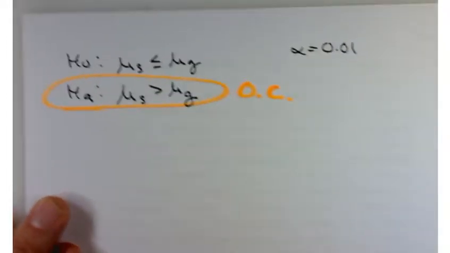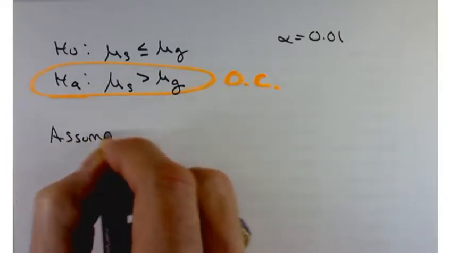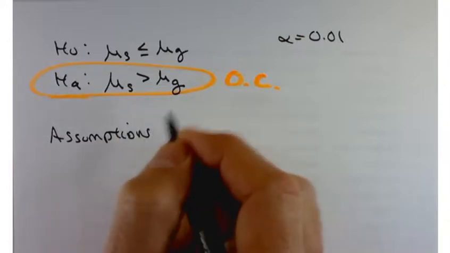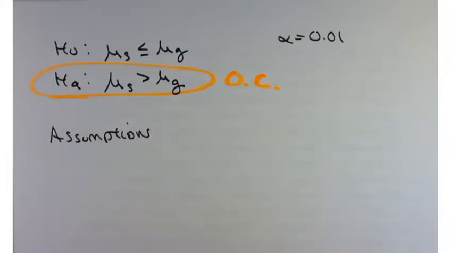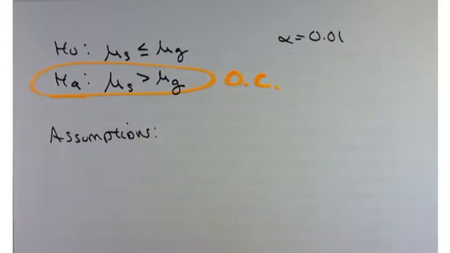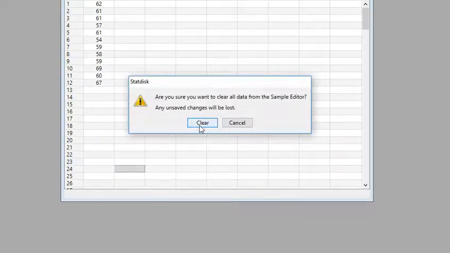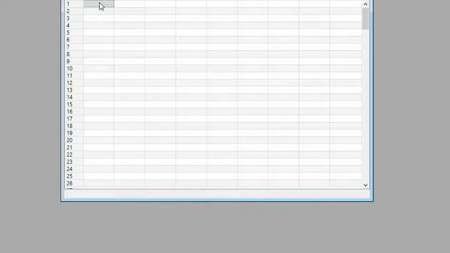Let's take a moment and look at our assumptions. One of two things has to be true for each data set. Either they're large samples or they come from a population that is normally distributed. Well, tough to tell in the case of the heights of the supermodels without actually getting our hands on the data and playing with it. So let's enter the data into StatDisk. So I'll clear all this data out.